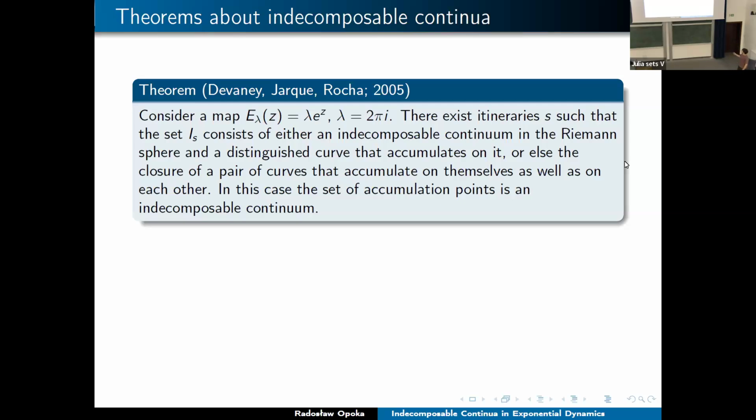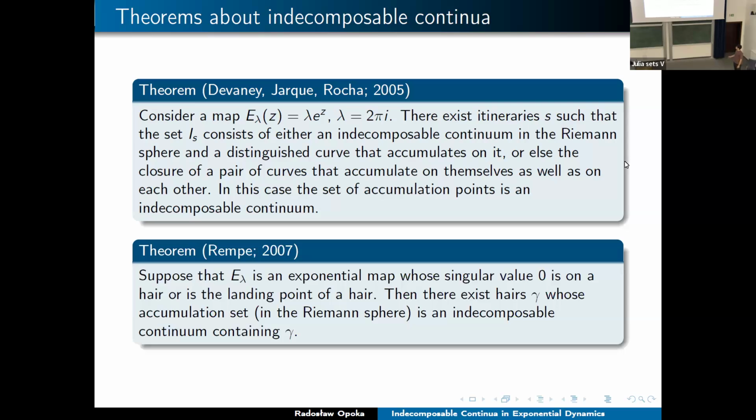I mean, IS can consist of the hair and the continuum, which is the accumulation set of the hair, or there may be two curves which accumulate on themselves and on each other. And in this case, the accumulation set of these two curves is an indecomposable continuum.